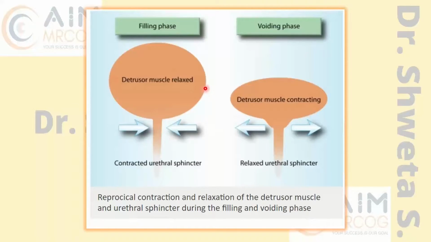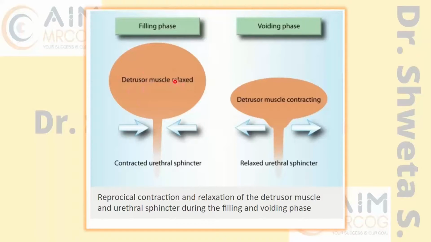Now, to understand how cystometry works, to understand how urodynamics is done, first you have to understand the difference between the filling and voiding phase. What is the physiology of micturition? For the physiology of micturition, in the filling phase, the detrusor muscle will be relaxed and the urethral sphincter will be contracted so that it will be closed and the bladder will be filled.